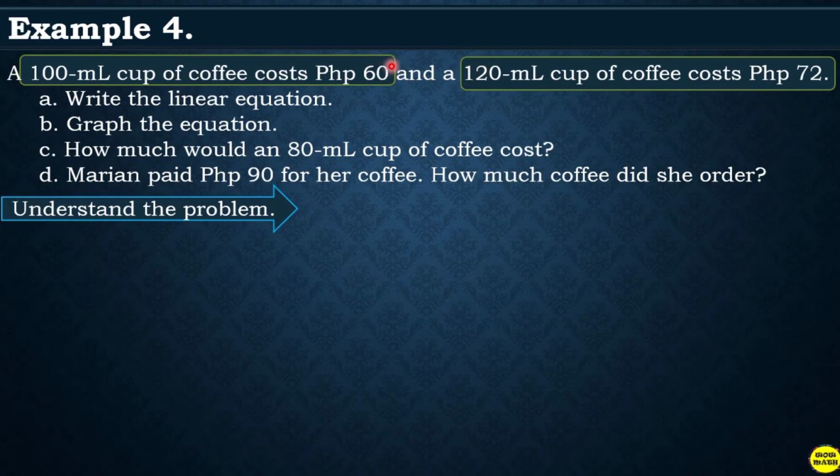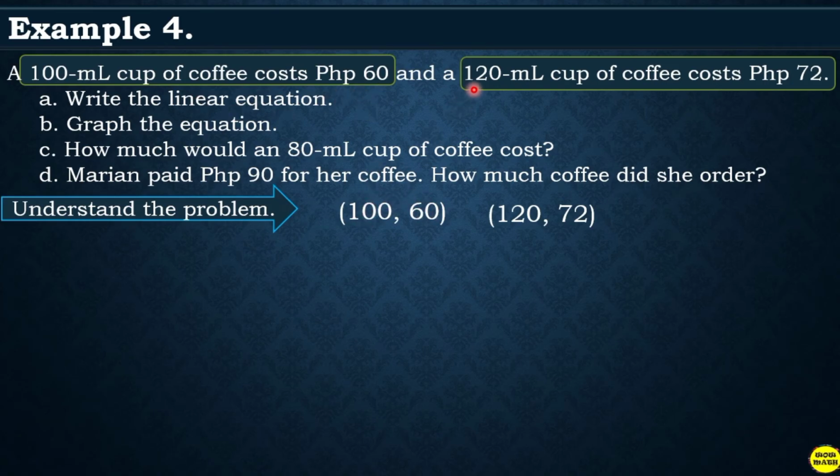Okay, so paano natin siya gagawin? Okay, medyo iba siya dun sa previous examples natin, no? Yung tatlong examples. So paano natin to gagawin? So first, understand the problem. So given yung dalawang points. Okay, so yung 160, ito yung first point mo.